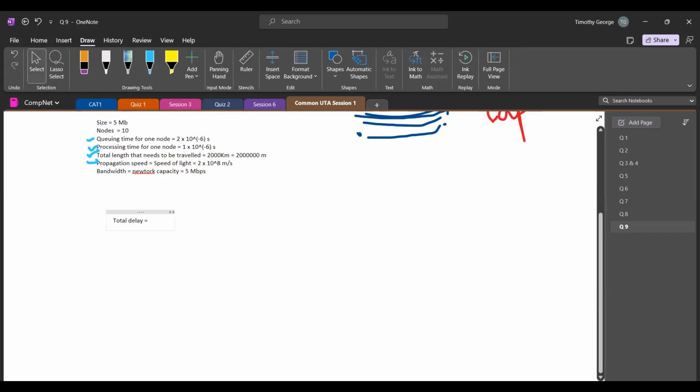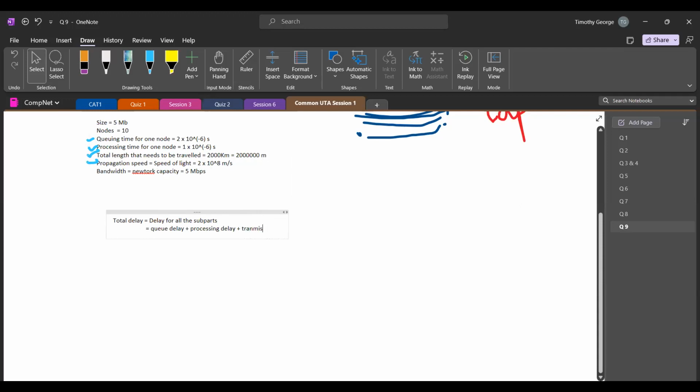Total delay is going to be the sum of the delays for all the subparts. What subparts am I talking about? The queue delay, plus the processing delay, plus the total length that needs to be traveled, so how long it takes for something to be transmitted from one place to another.